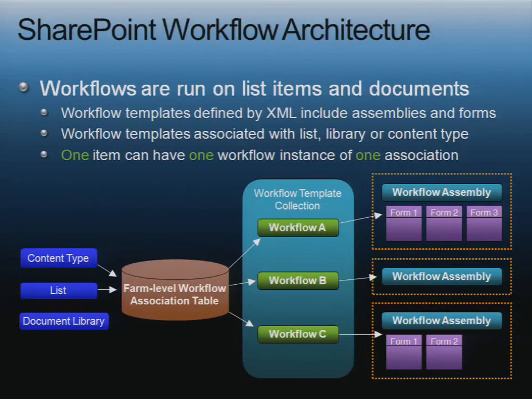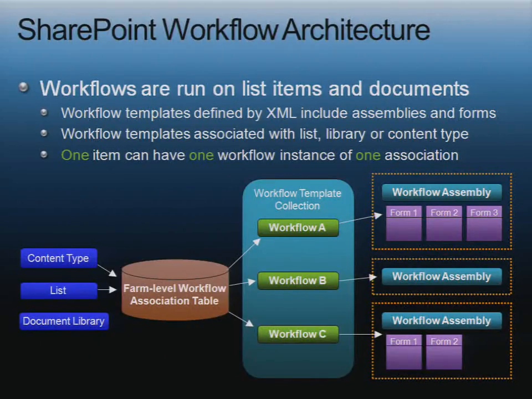Well, workflow template is deployed, but then somehow it needs to be associated with a specific list, document library, or just a content type. That is what is called association. And in fact, if you remember in the demo a few minutes ago, I had built a couple of associations. One was that interview guidelines review workflow. That was actually not a workflow itself. It was an association of approval workflow to that specific list.